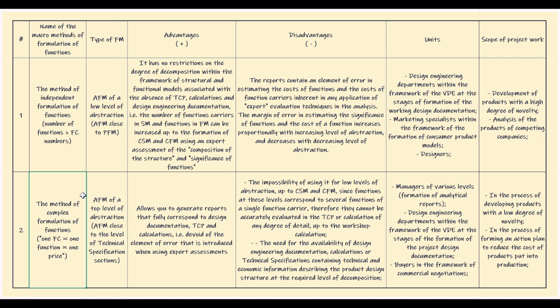The next rule: one carrier of function equals one function. Given the previous slide, taking into account the requirements of linking functional model functions not only to design engineering documentation, but also to technical and economic information, the consequence of the basic differences between the complex formulation and the isolated one is the formation of a constraint in the form of the principle: one function carrier equals one function equals one price.